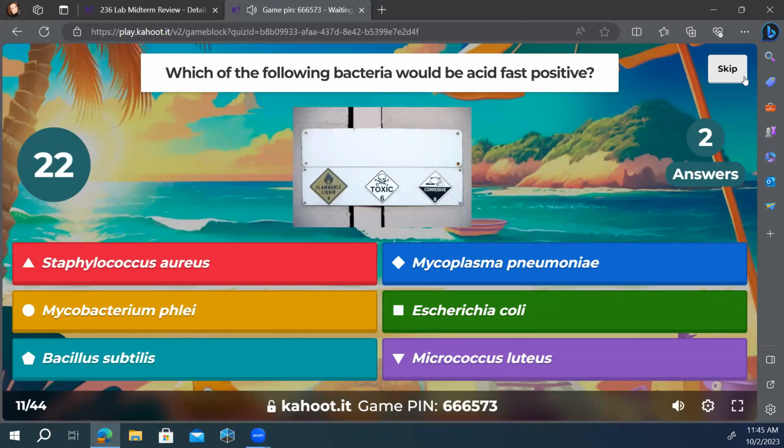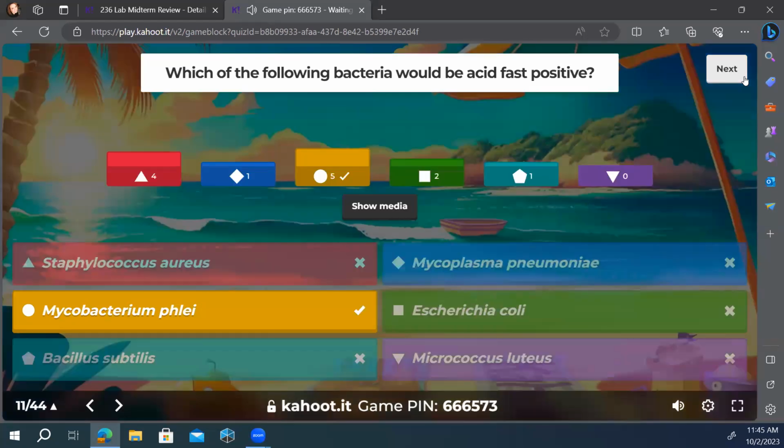All right, which of the following bacteria would be acid fast positive? All right, yeah, so this is going to be the Mycobacterium. Acid fast, the only ones that are acid fast are going to be Mycobacterium.